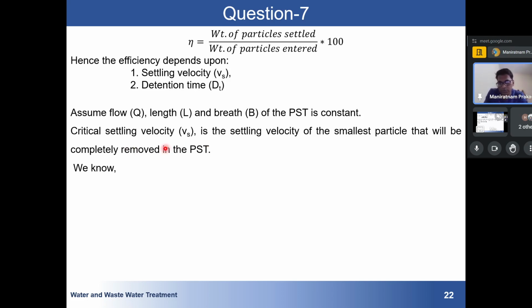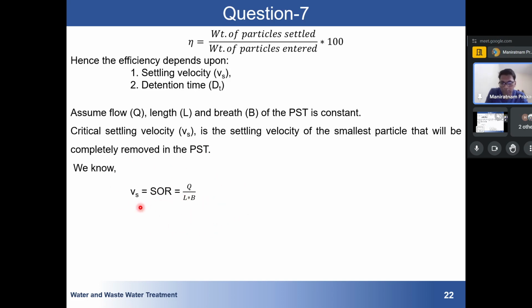So the critical velocity or settling velocity is the settling velocity of the suspended particle that will completely settle down. And we know that this Vs is equal to SOR and given by Q divided by L cross B.